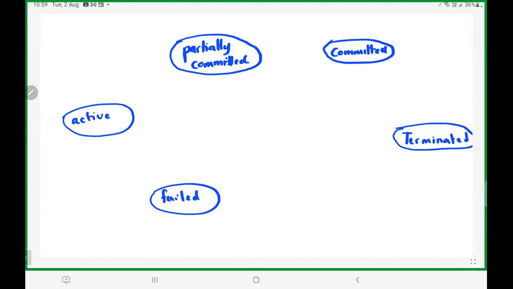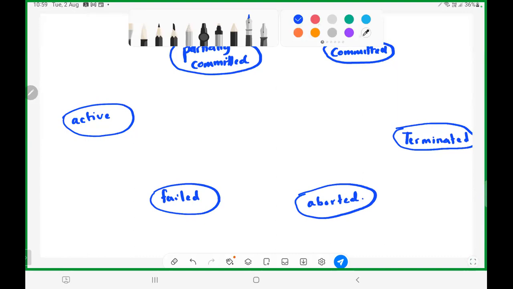The transaction can fail, it can go wrong. And a transaction can be aborted. These things are the statuses of a transaction. So let's talk about them one by one.